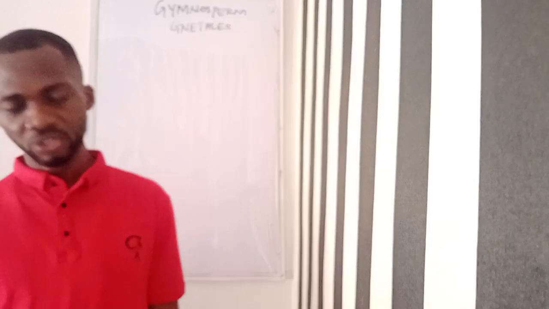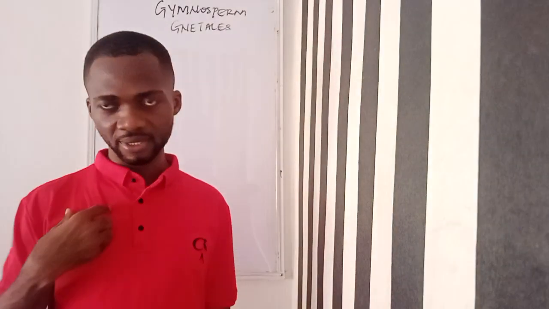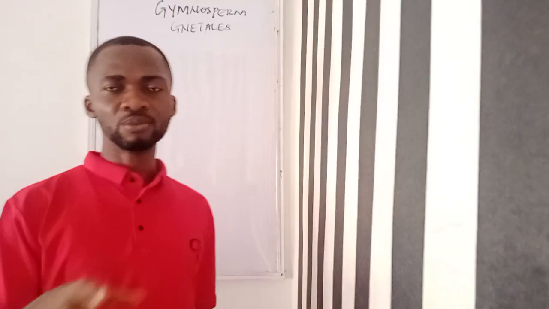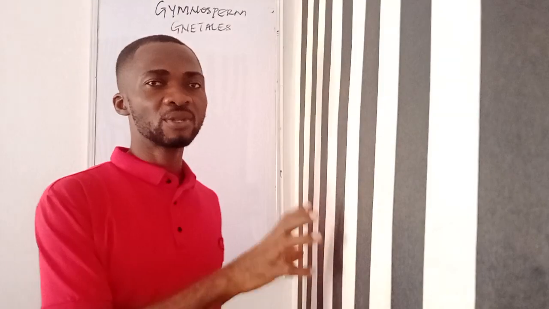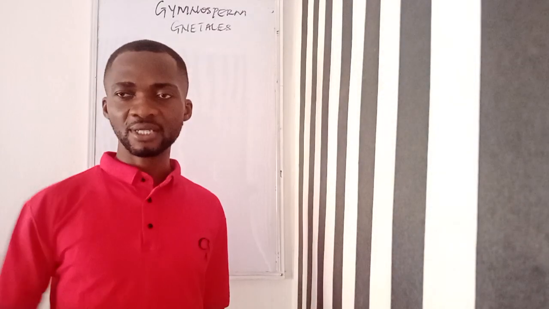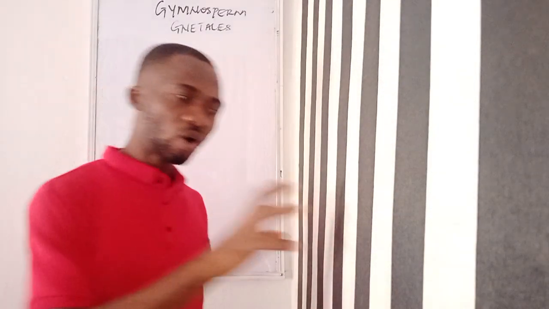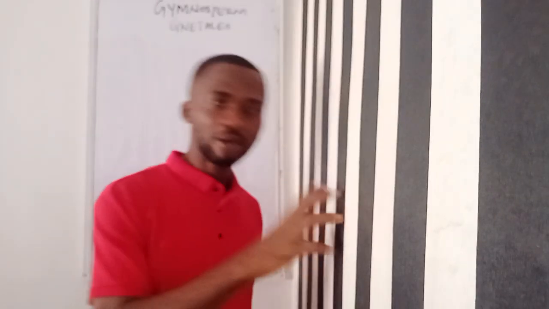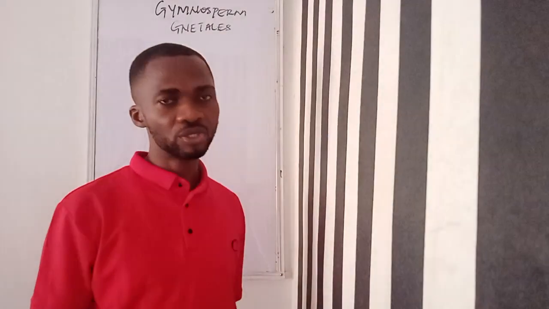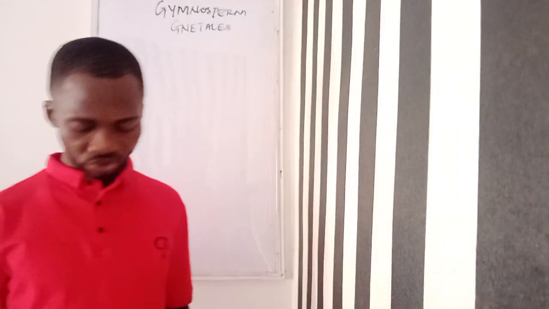So in this case, Gnetum is related to angiosperm, in the sense that Gnetum does not lack vessel like other gymnosperms, but contains vessel. You can see that these are characteristics of angiosperm. Other gymnosperms do not have vessel in their wood or xylem, but Gnetum has vessel and, of course, tracheids.